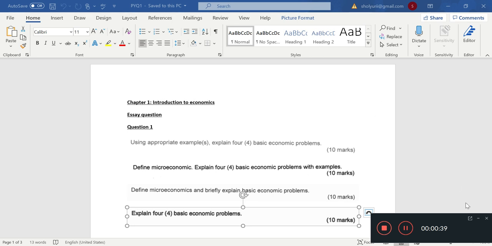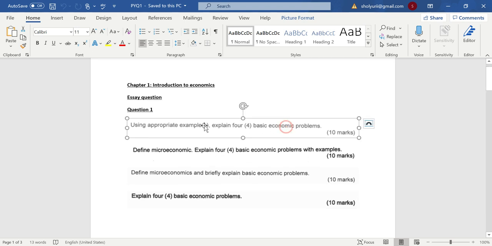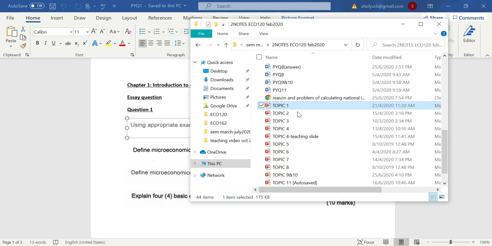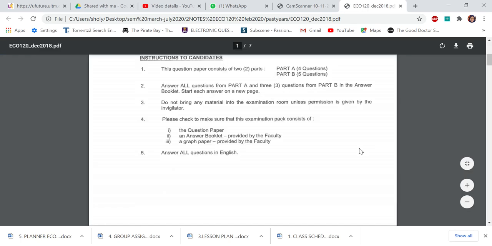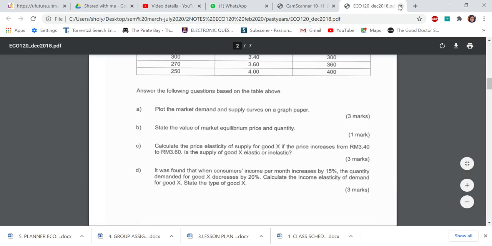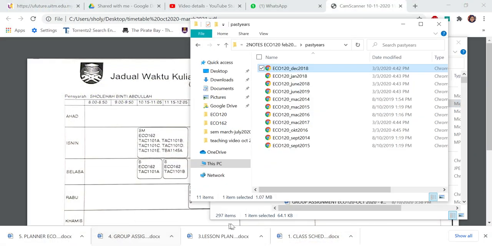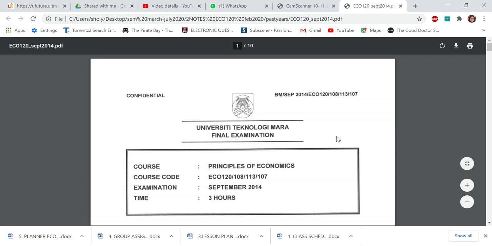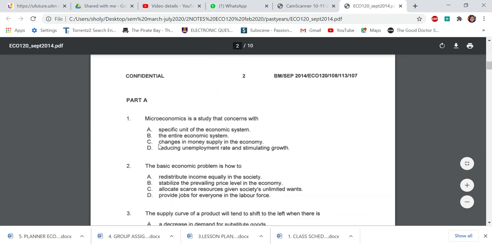Okay, so first of all, for your information, we have different types of question. Okay, so this type of question is essay question. Alright, so we have another types of question. Sorry, it's not this one. Which is the multiple choice question. Okay, this is another type of question.